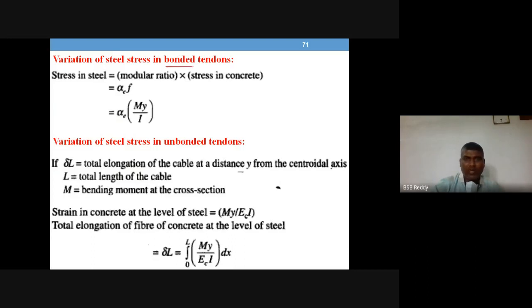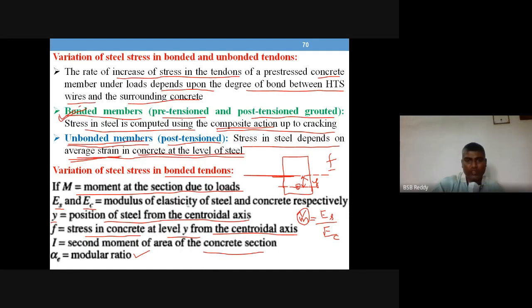Right. So for bonded tendons, there will be bond between steel and concrete. Hence, if you want stress in steel, it is like a composite action, as we already said. So you know how to deal with a composite section. Concrete may be converted into equivalent steel, or steel may be converted into equivalent concrete.